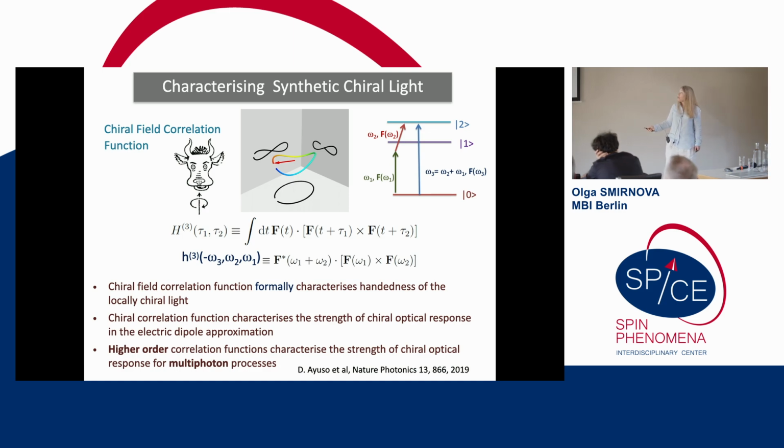So this chiral correlation function controls the strength of optical response, and you can also form higher order correlation functions by taking more scalar products between field vectors at more time points, and they will characterize the strength of chiral optical response in the electric dipole approximation for multi-photon processes.